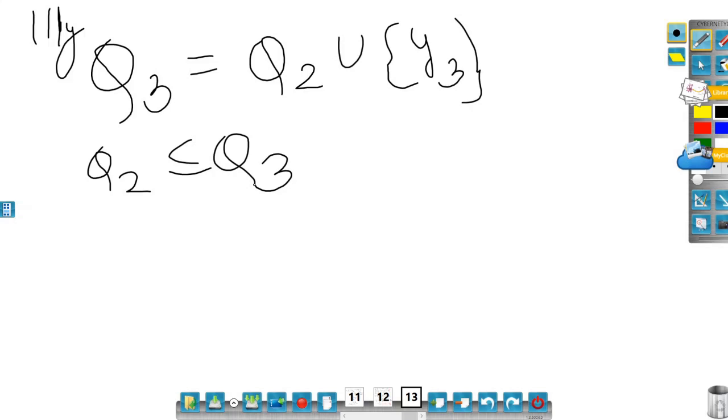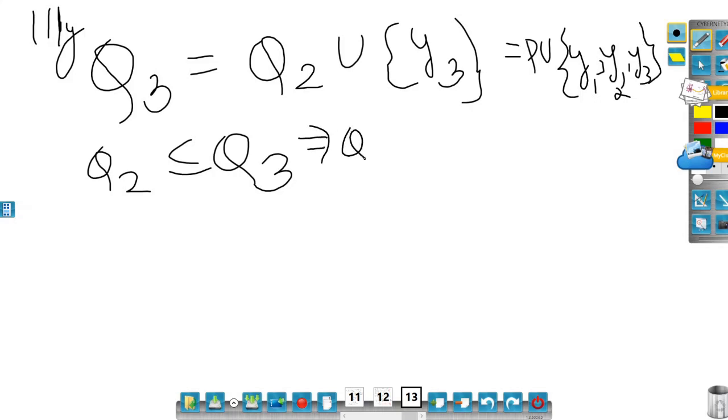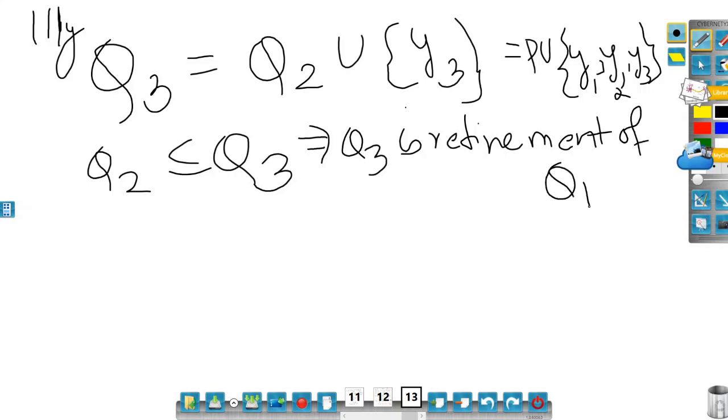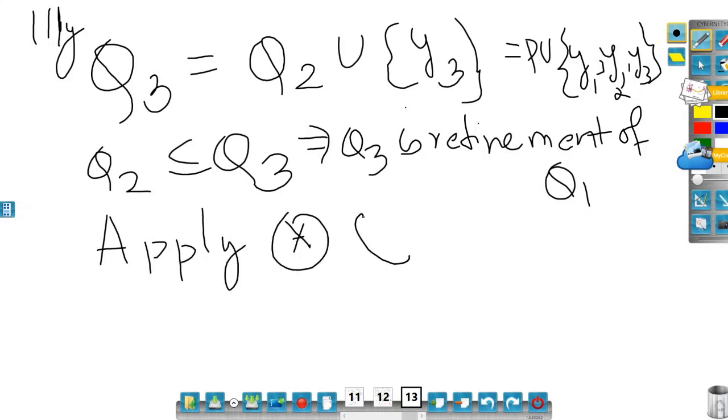So in terms of P, this is the same as P union {y1, y2, y3}. So this would imply Q3 is a refinement of Q2, and then apply star on this.